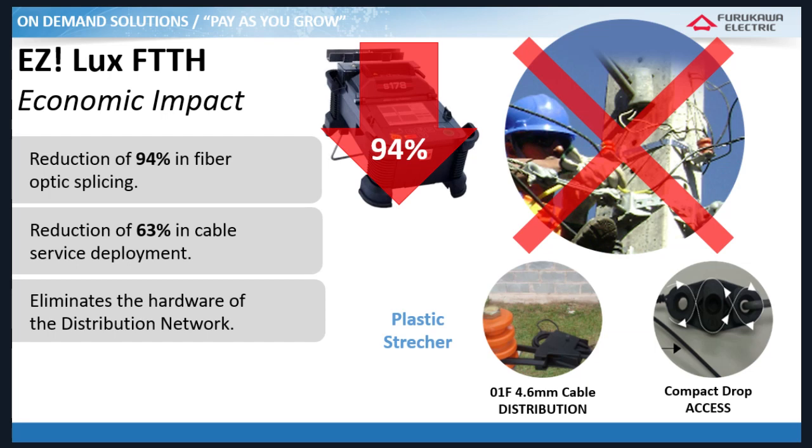So the idea of field installable connectors is reducing the splicing, so you don't have to invest in splice machines. The hardware and the skill levels don't need to be that high. So you are also reducing the OPEX on that side, and also the hardware.